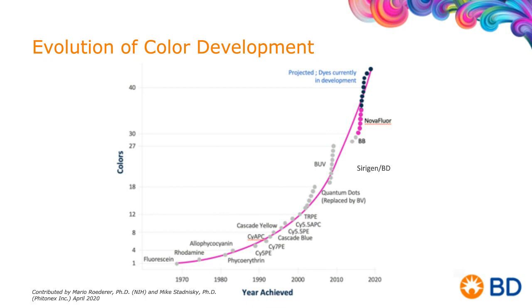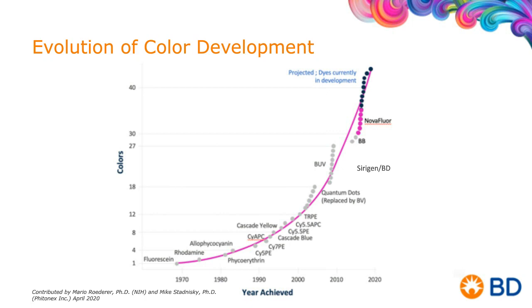It was designed first by Mario to put a concept out there to say, when those very first brilliant violet dyes first came out, the best dyes we had were PE and APC, and for many of us here today, we remember the importance of those two. We save them for the very special spots of our panels. But today, APC and PE are kind of average colors now because of all of the different development programs that have occurred in this world.